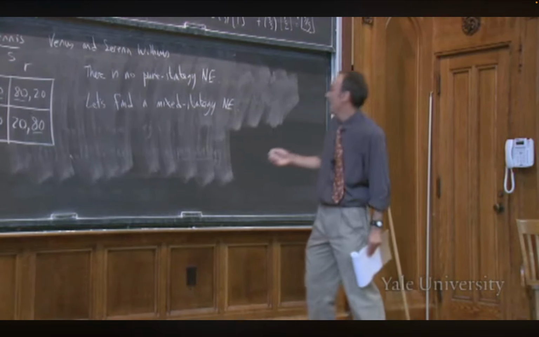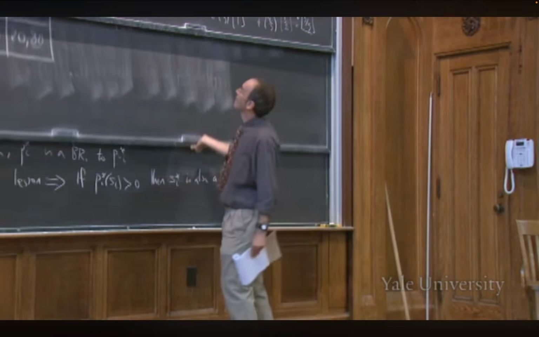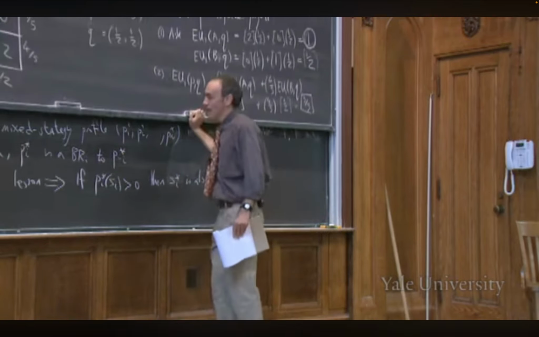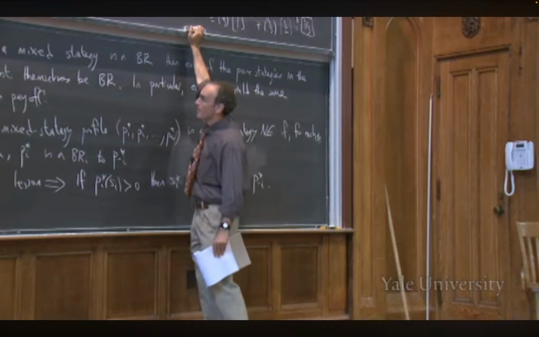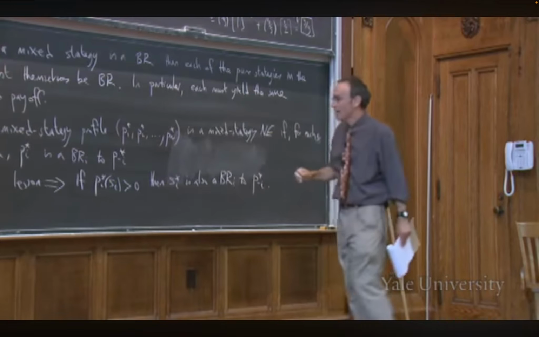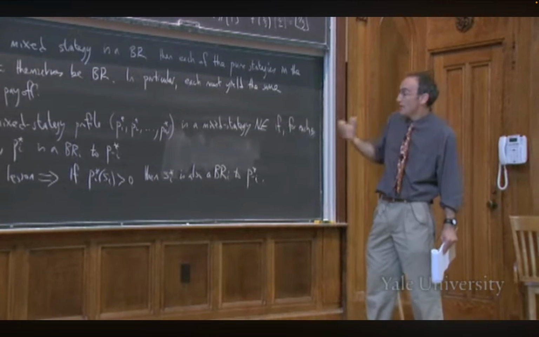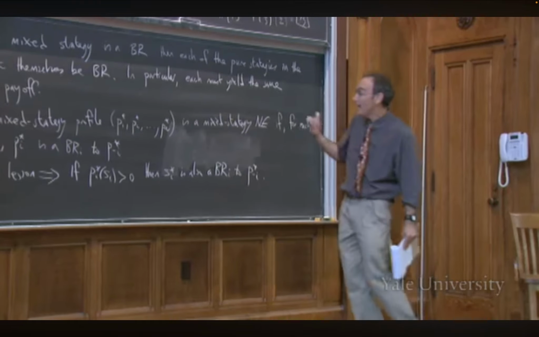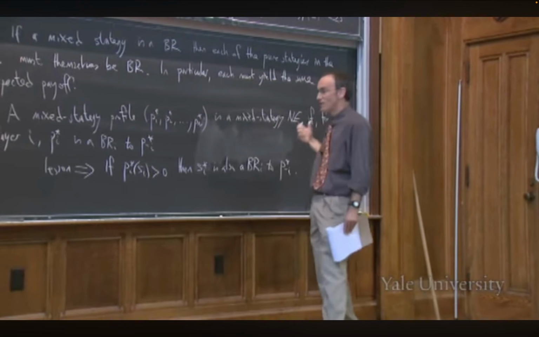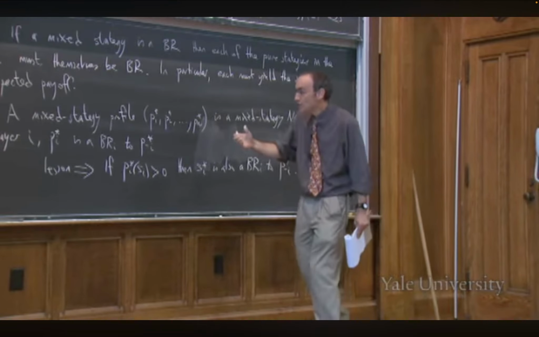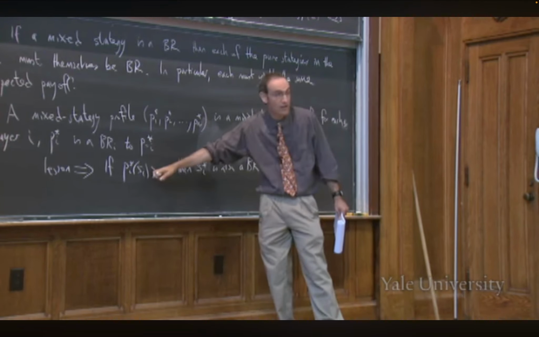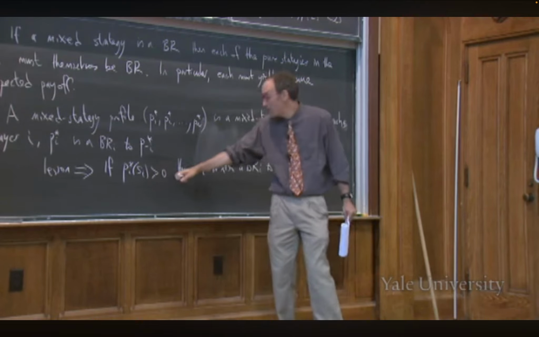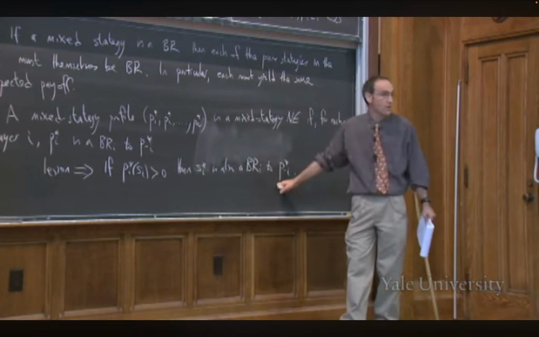Now, how are we going to do that? Okay, so what we're going to do is we're going to exploit the trick that we have here, the lesson here. The lesson we have here says, if players are playing a mixed strategy as part of a Nash equilibrium, each of the pure strategies involved in the mix, each of their pure strategies, must itself be a best response.